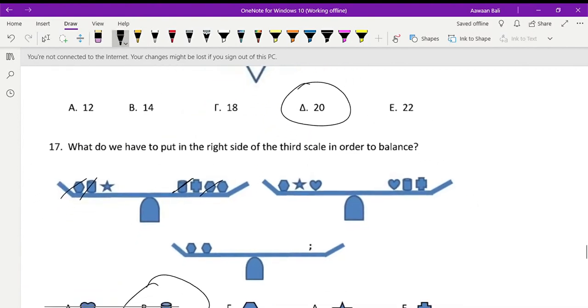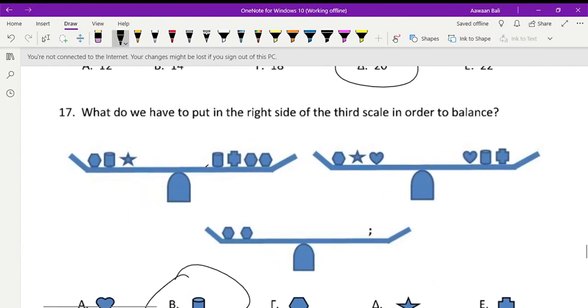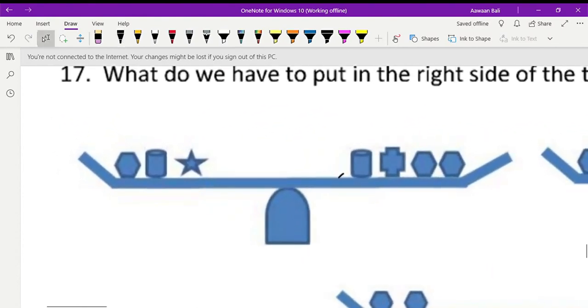Question number 17. What do we have to put on the right side of the third scale in order for it to balance? Okay, so first we have to look at the two scales. Here, we have a hexagon, a cylinder, and a star. Here we have a cylinder, a plus sign, and two hexagons.